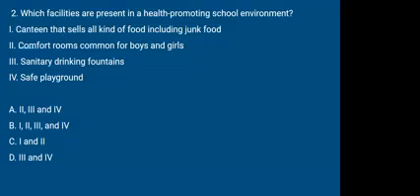Number 2, comfort rooms common for boys and girls. Number 3, sanitary drinking fountains. Number 4, safe playground. Letter A, 2, 3, and 4. Letter B, 1, 2, 3, and 4. Letter C, 1 and 2, or letter D, 3 and 4.